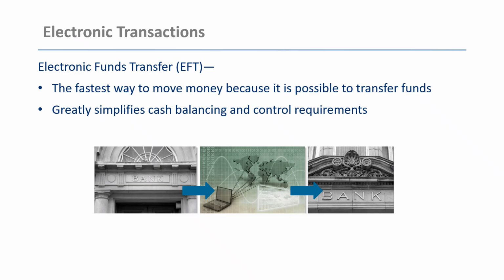So, EFT balancing and controls. The use of EFT simplifies cash balancing and control requirements since the cash is deposited directly into the provider's bank account. The bank informs the provider of the amount received and issues a deposit. The provider balances this to the electronic remittance advice, or ERA, received.